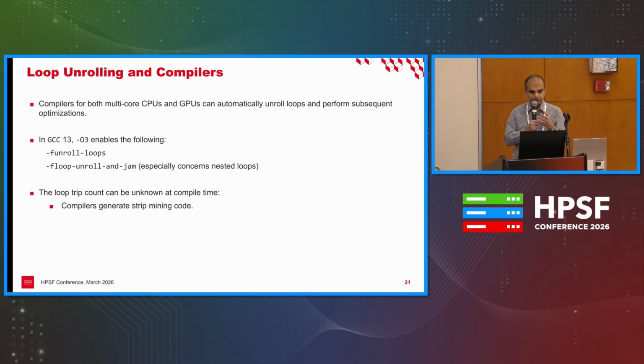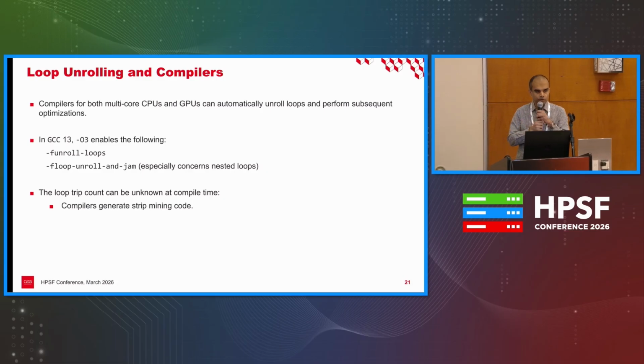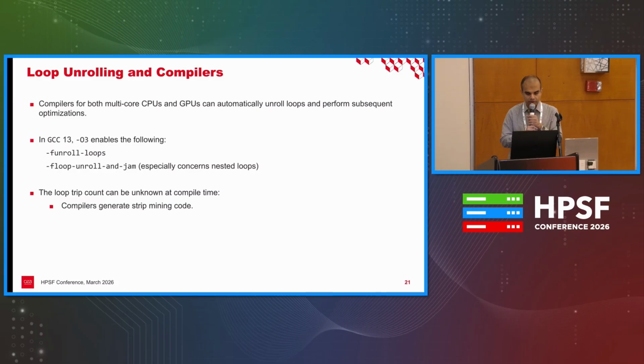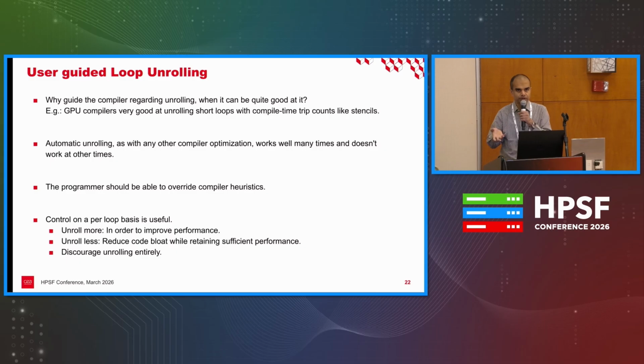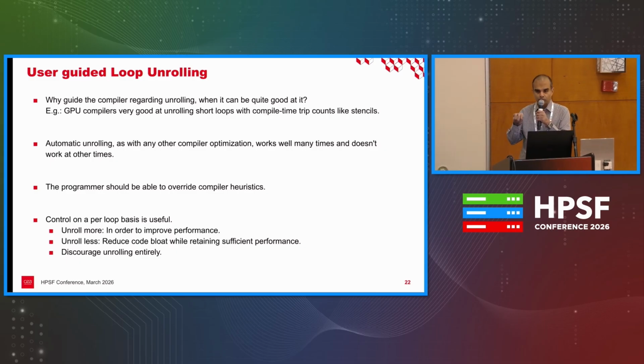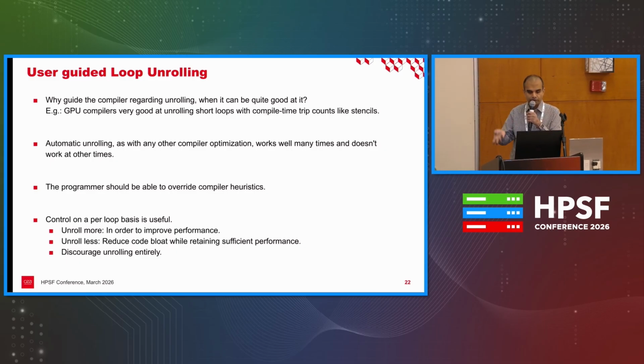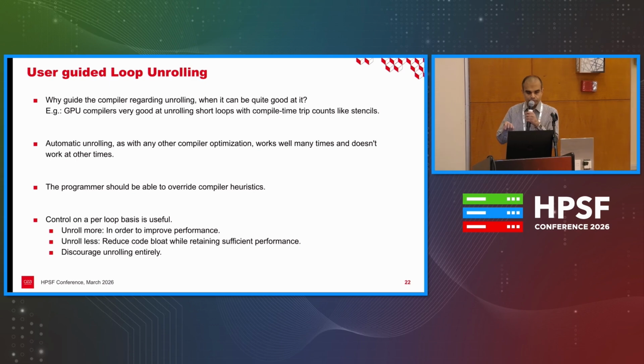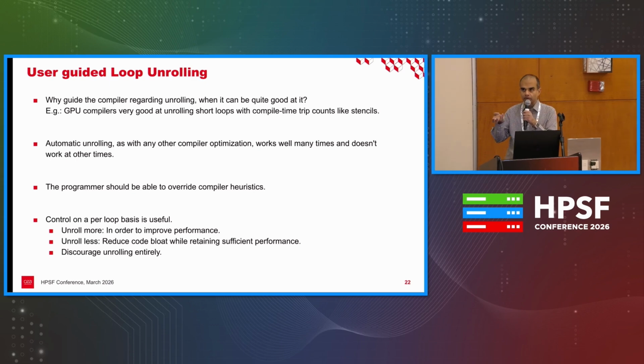For example, GCC with an aggressive optimization level tries unrolling as one of its big tools for achieving better performance, and the loop trip count need not be known at compile time for unrolling. But still, there can be many situations where the compiler does not do what the user wants for that particular application. That's where guiding the unrolling by the user can be quite helpful.